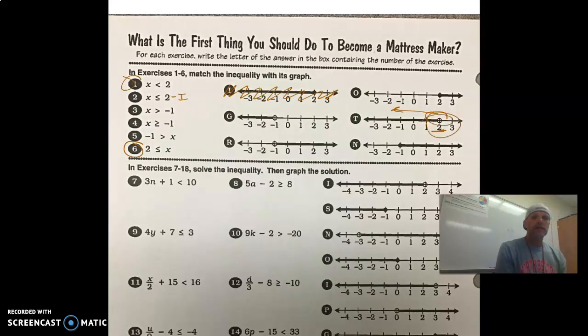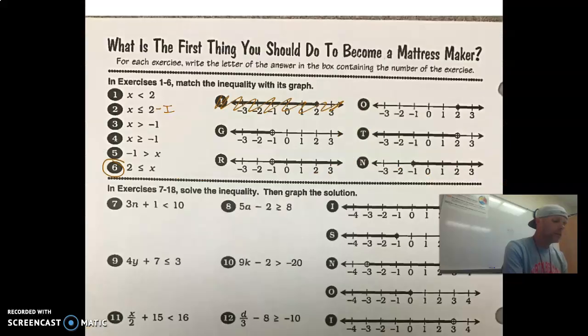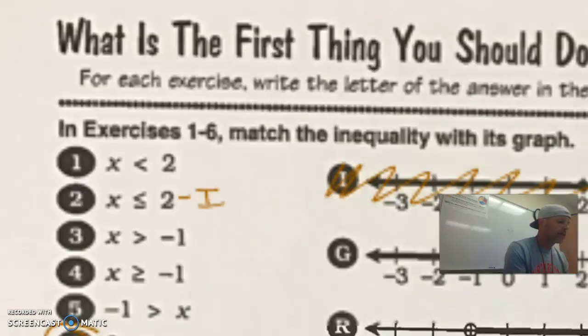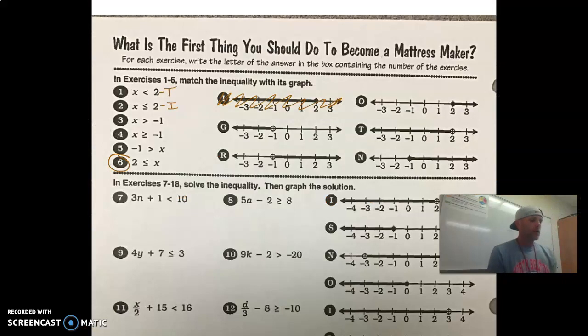It's everything less, but it does not include 2. It is not shaded in. All right, so that is letter T. I think you got this.